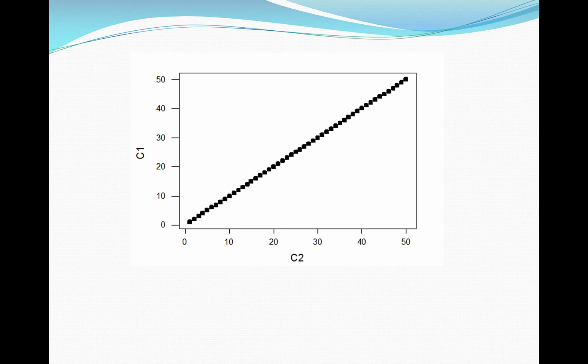But if you would see a graph like this, it is perfect because all the points are exactly on a line. This line has a positive slope, so it's positive, and of course it's linear. So we would identify this as a perfect positive linear correlation. The only time we say perfect is if all the points are exactly on a given function, in our case a linear function.